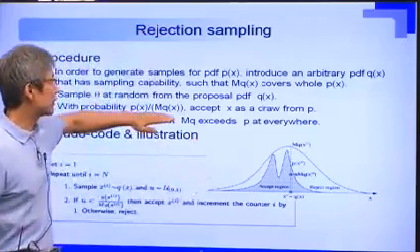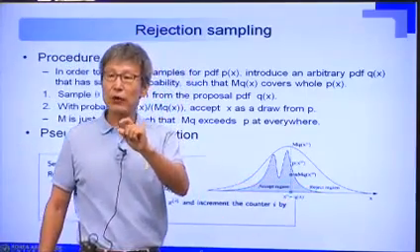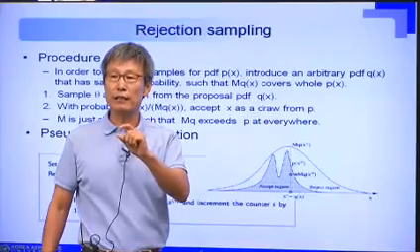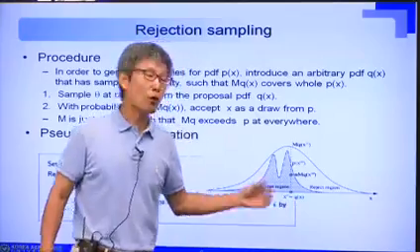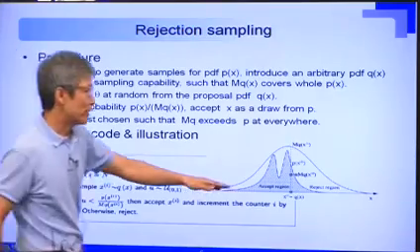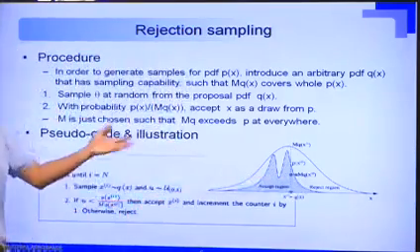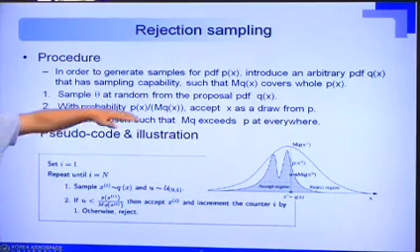If the ratio is very low, like this, then the probability is very low, so it is unlikely that that point is accepted. In that way, we accept or reject a specific sample of x based on this.